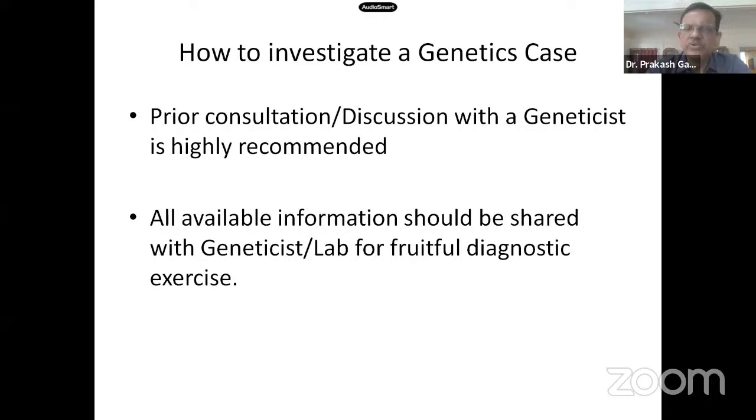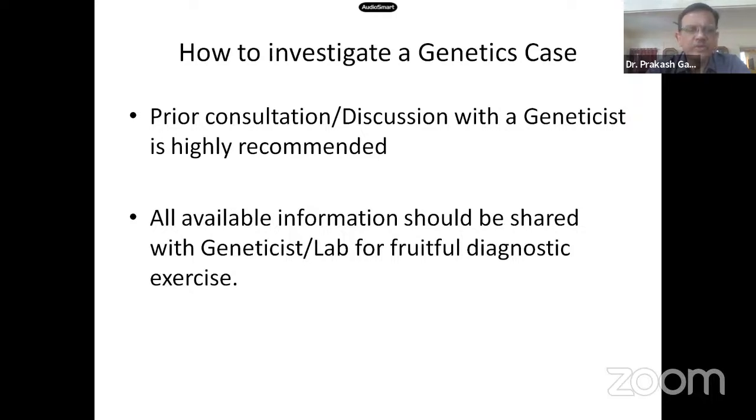All available information should be shared with the geneticist. For example, when you're doing whole exome sequencing, as I said, we are taking stock of almost 20,000 genes, but your patient is likely to have only one condition.